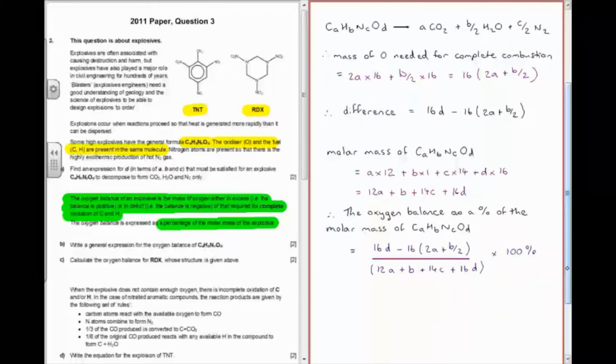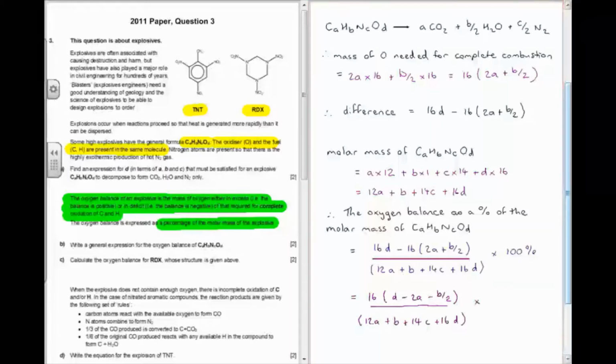We can take out the 16 from the top to turn the equation into 16 lots of D minus 2A minus B over 2, because we've got minus outside the brackets, divided by 12A plus B plus 14C plus 16D, and then remembering to times by 100% to turn it into a percentage.